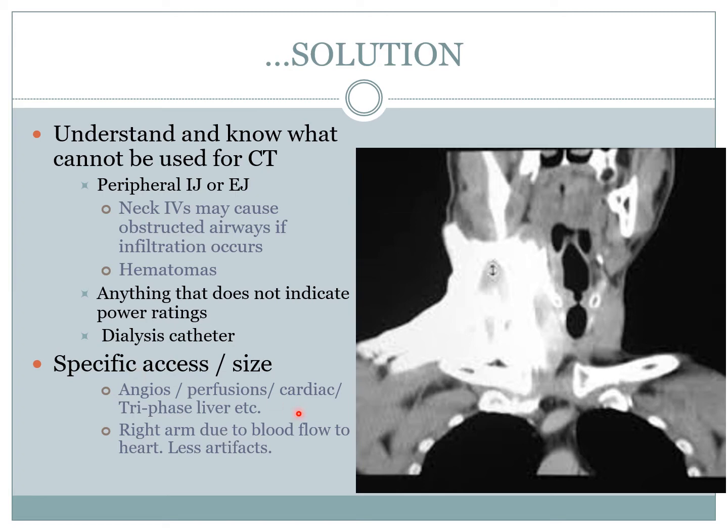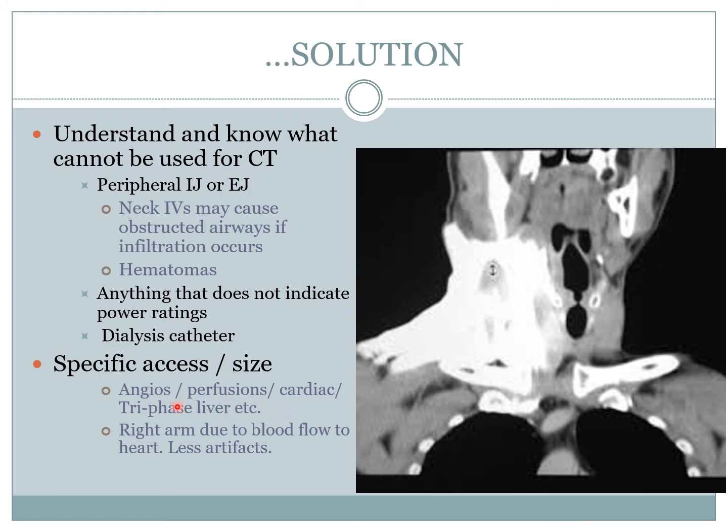And we have different types of studies, as I mentioned. Angio studies, perfusion studies. Perfusion studies are brain perfusions, where we look at how the brain is obtaining the contrast, so that we can see any blood flow going in there, how the blood is perfusing into the brain, if there's any brain activity left.